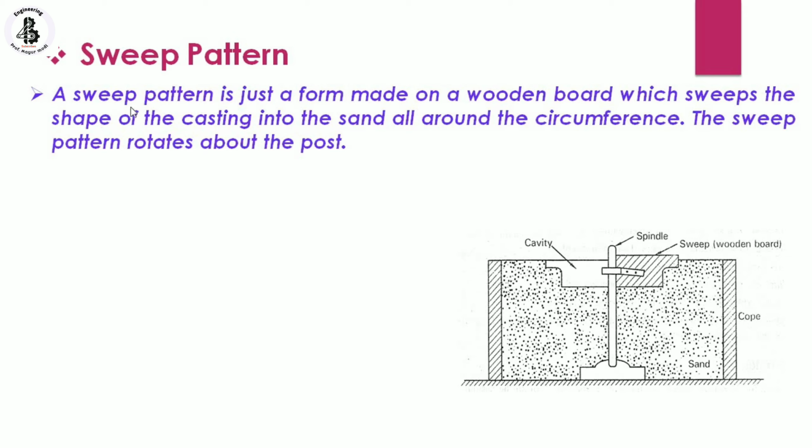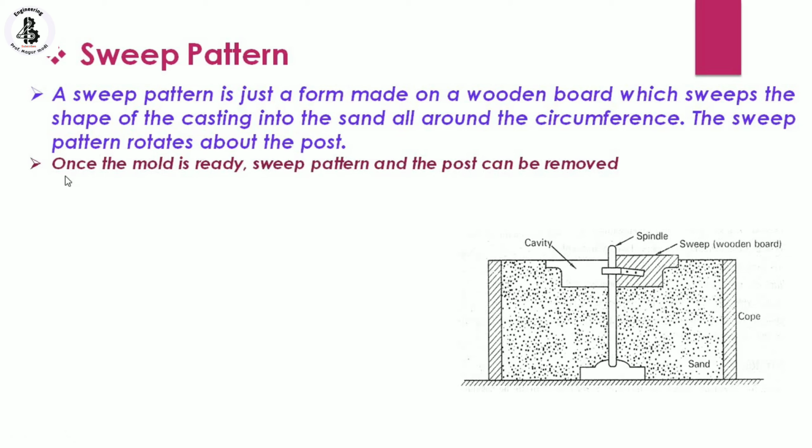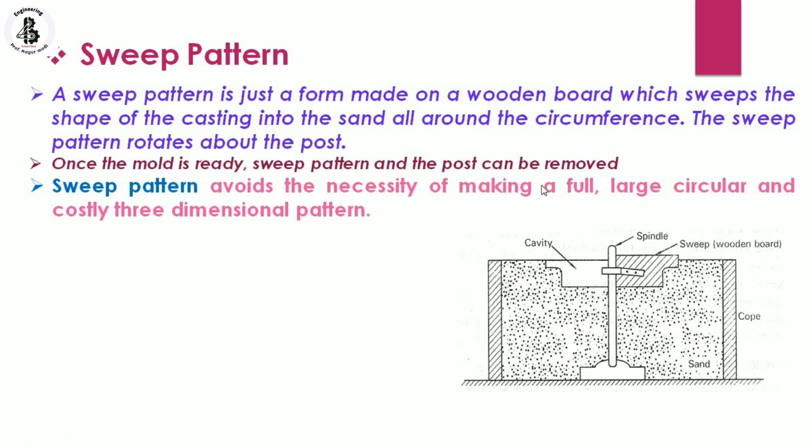A sweep pattern is just a form made onto a wooden board which sweeps the shape of the casting into the sand all around the circumference. The sweep pattern rotates about the post, or you can say spindle. Once the mold is ready, the sweep pattern and the post can be easily removed, making a sand mold. So the sweep pattern avoids the necessity of making a full, large, circular and costly three-dimensional pattern.